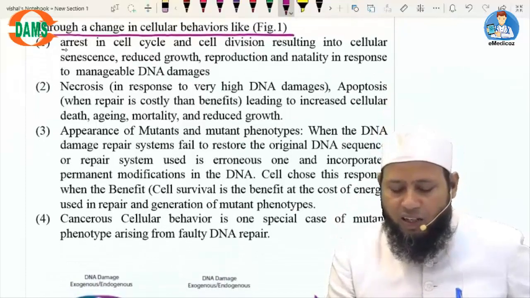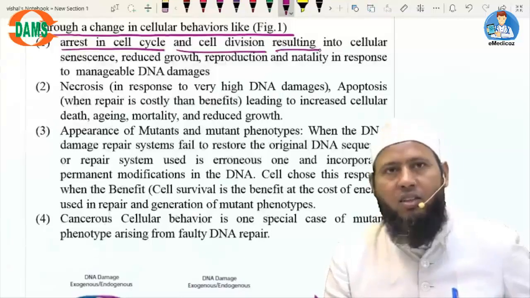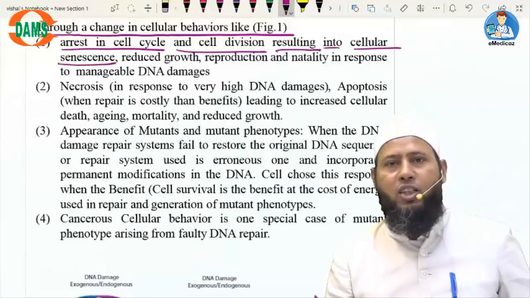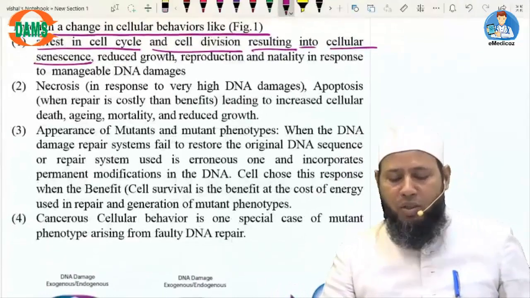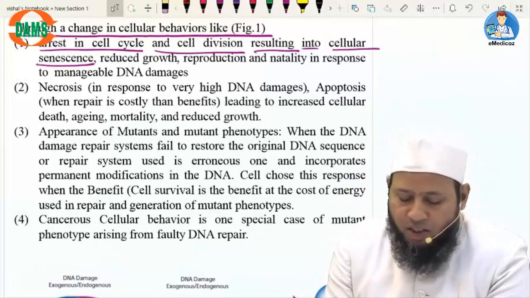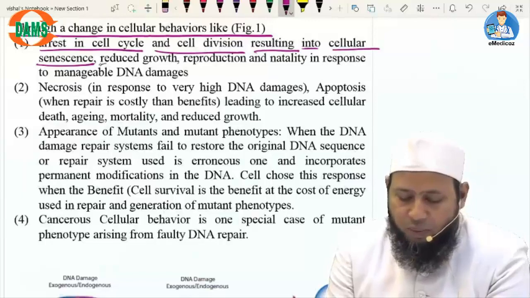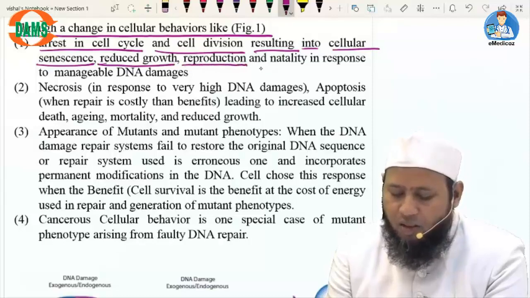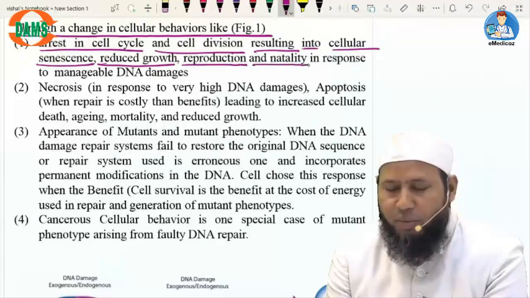Number one, the arrest in cell cycle, cell division, and this results in cellular senescence. That is one manifestation of the DNA damage. And because of the reduction in the cell division, there will be reduced growth, reduced reproduction, and then reduced rate of natality.